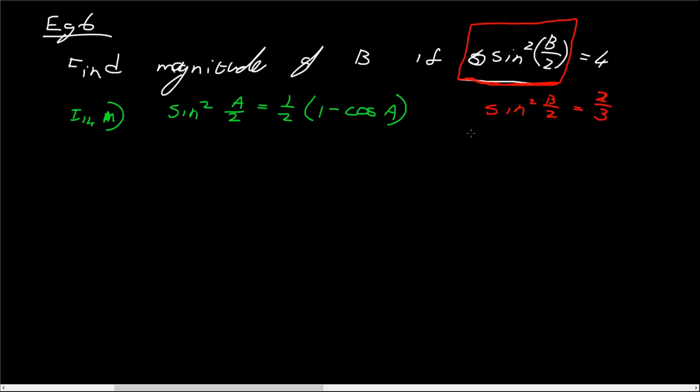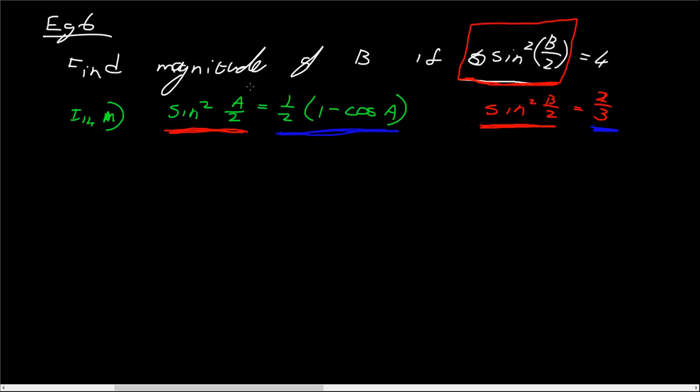So now, can you see that the left-hand side of this equation is the same as the left-hand side of that equation? Okay, and the right-hand side of that equation must therefore be equal to the right-hand side of that equation, because we know that sine squared b over 2 equals 2 over 3.